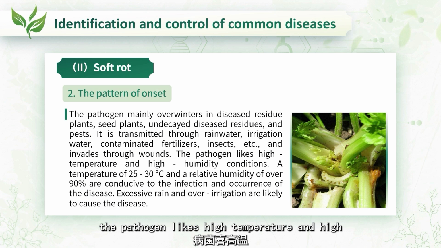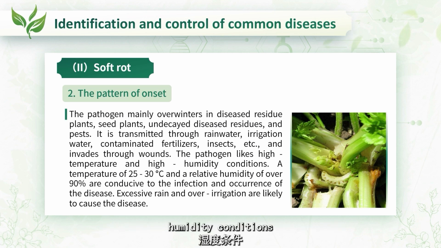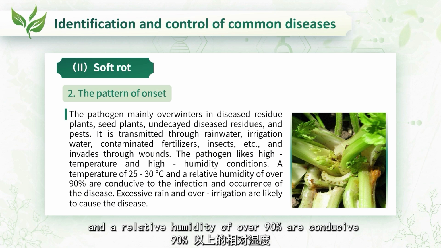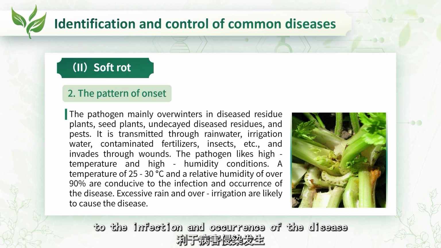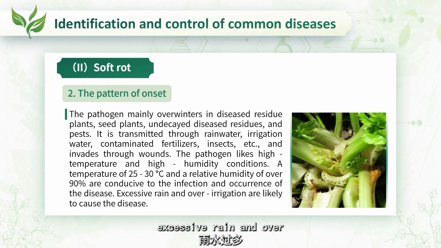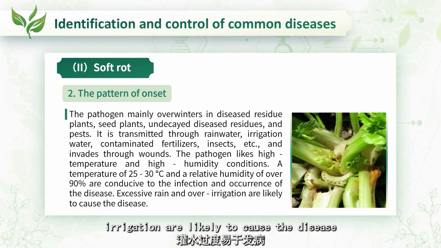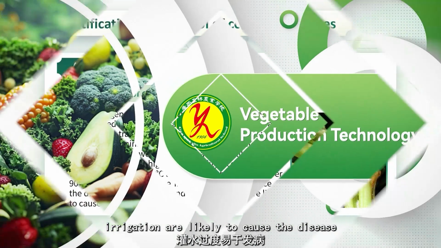The pathogen likes high temperature and high humidity conditions. A temperature of 25–30 degrees Celsius and a relative humidity of over 90% are conducive to the infection and occurrence of the disease. Excessive rain and over-irrigation are likely to cause the disease.